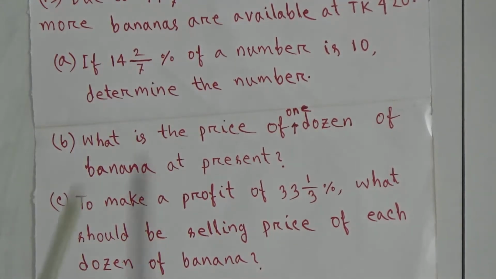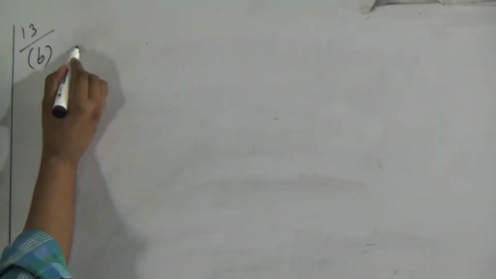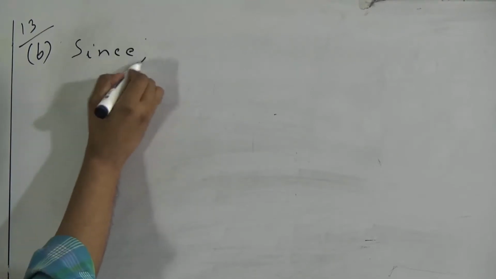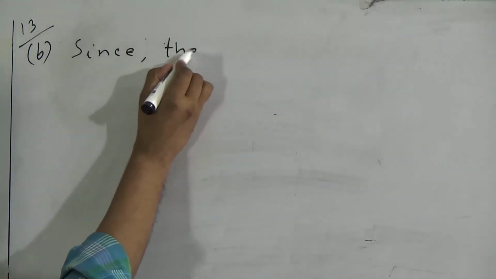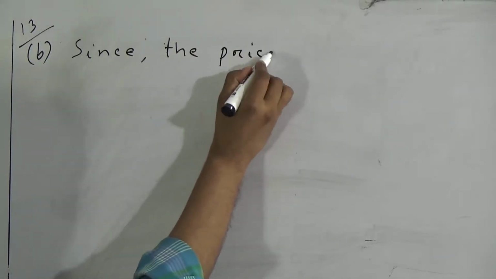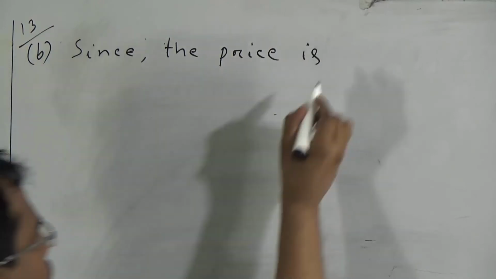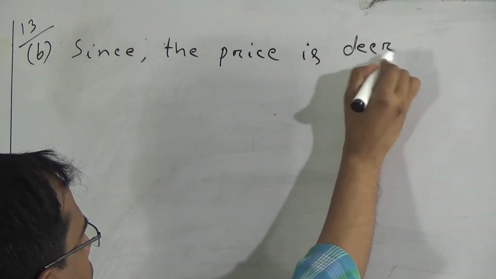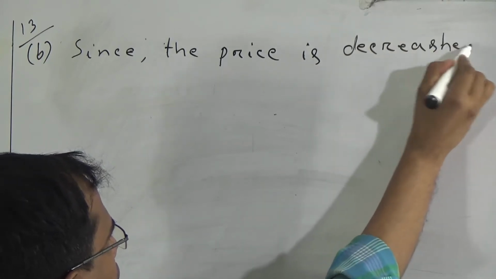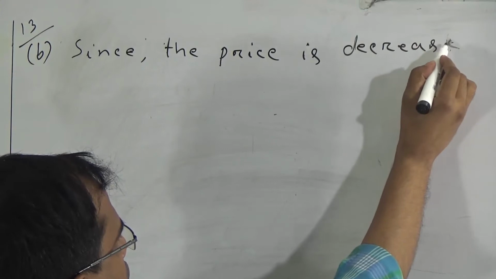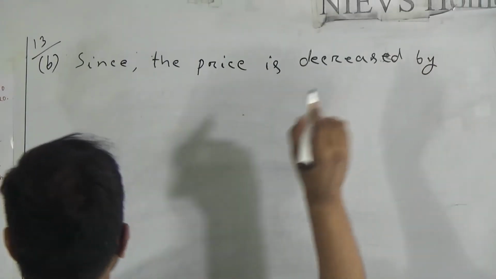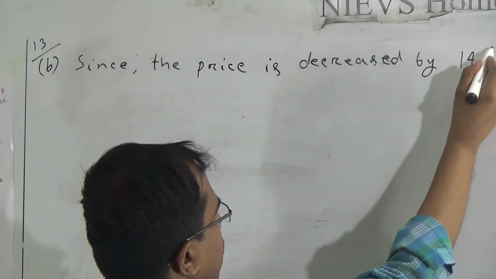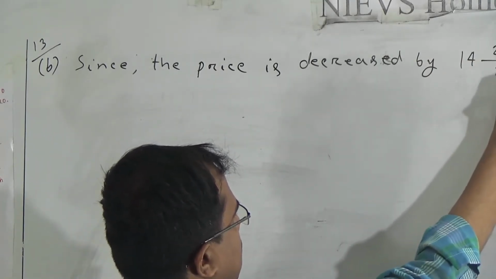Instead of this sentence we can write, since the price is decreased by 14 whole 2 by 7%.